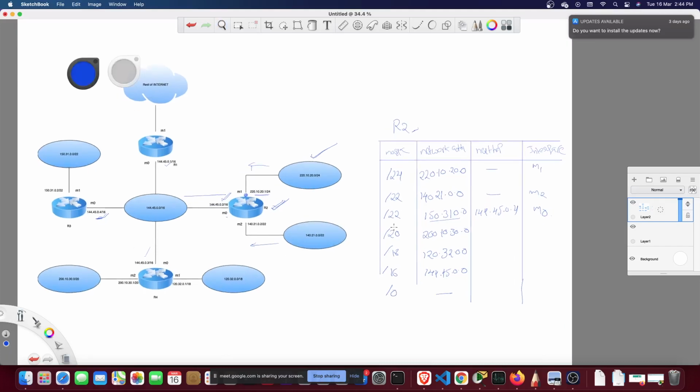Okay, now again, what is the mask here? Slash 20. This is network 200.10.30.0. And when a packet is destined for this network, what is the next hop? 144.45.0.